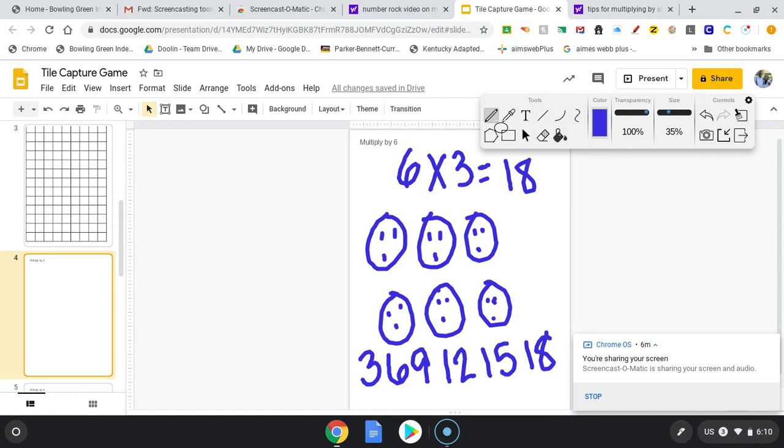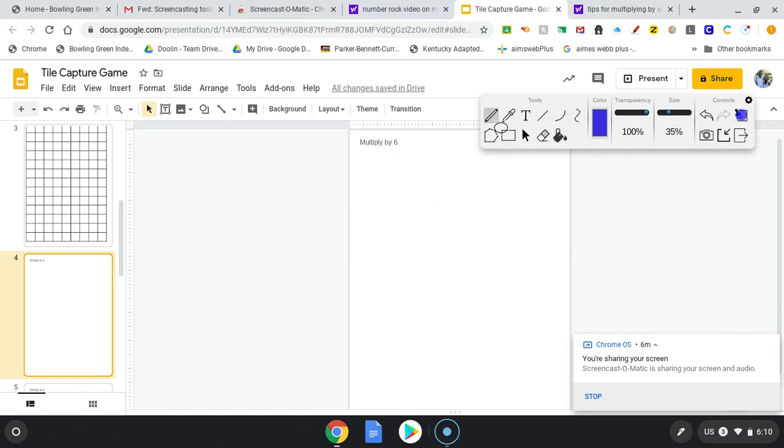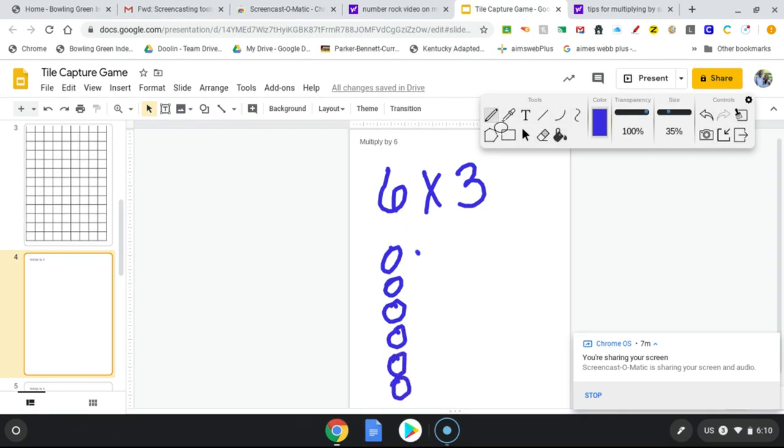So that's one way we could do groups, and then we can skip count. Another thing that we can do is use the distributive property. So if I have 6 times 3, I have 6 rows of 3.